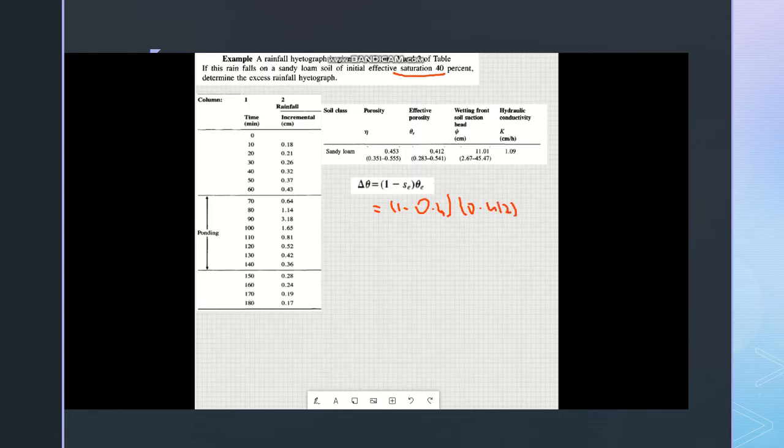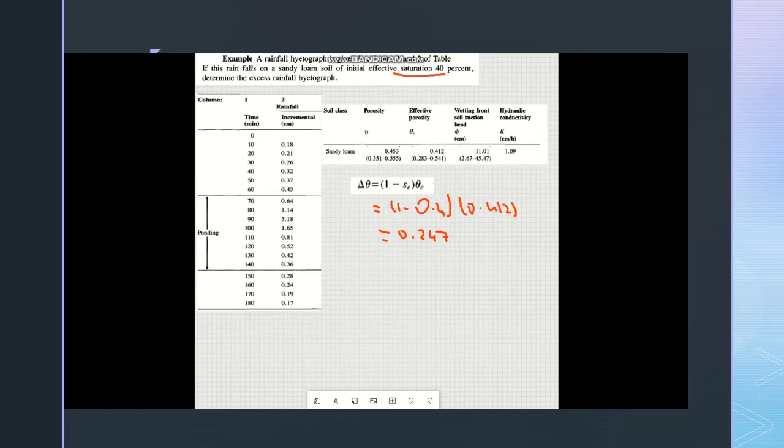So delta theta, the change of moisture in the soil, is equal to 0.247.